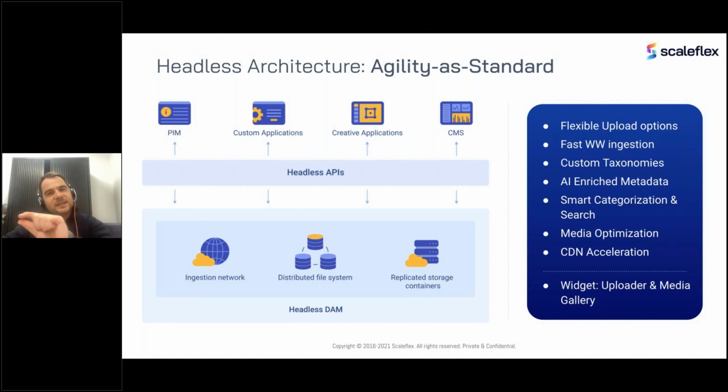Then you have the headless APIs on top, which will expose the media assets and all the DAM capabilities through powerful APIs to third-party systems like the PIM, like some custom applications, like a back office for creating classifieds, or a CMS, and also be reachable by creative applications.